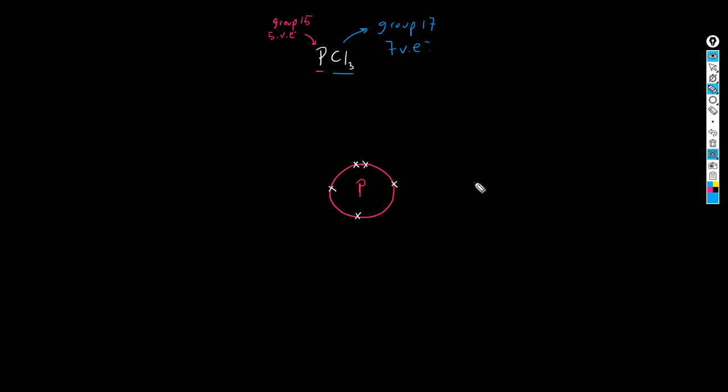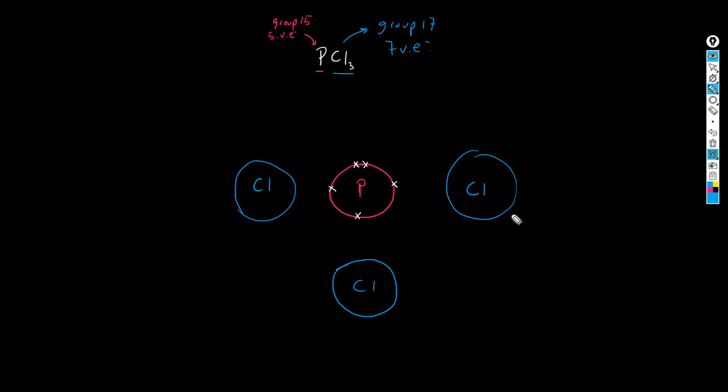So if we draw them out, we have Cl, 1, 2, and the placement is important, I'll go over in a second, 3 chlorine atoms. And we're going to use dots in order to do these chlorine atoms. So here we have, again, 7 valence electrons. So we have 1, 2, 3, 4, 5, 6, 7 valence electrons.